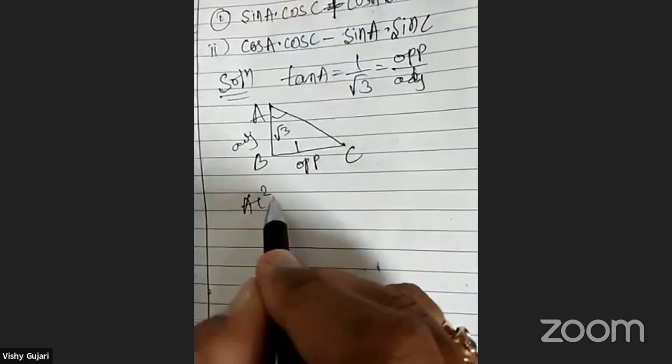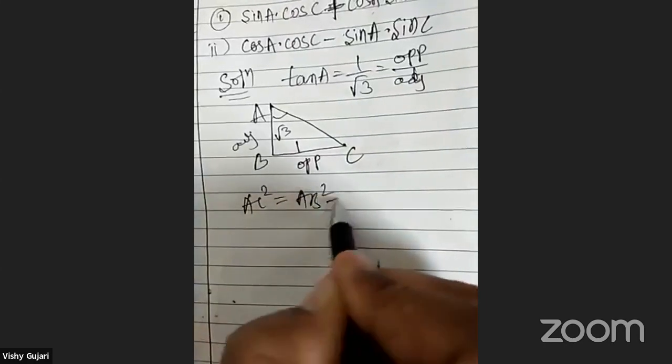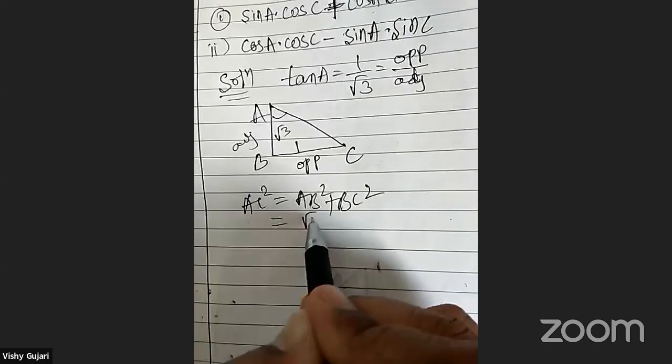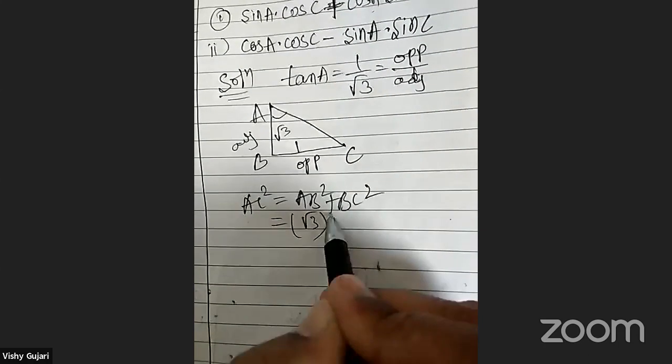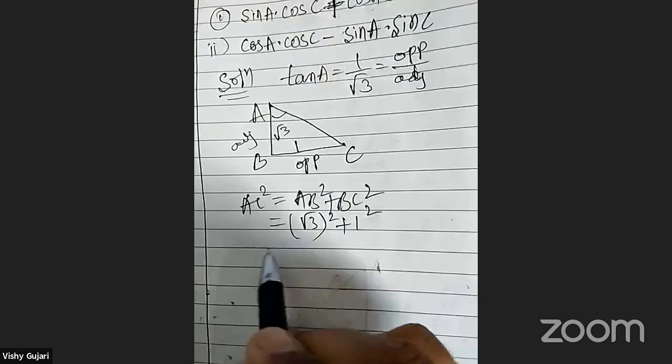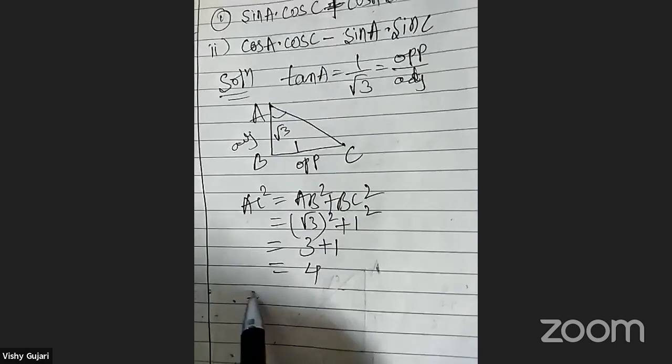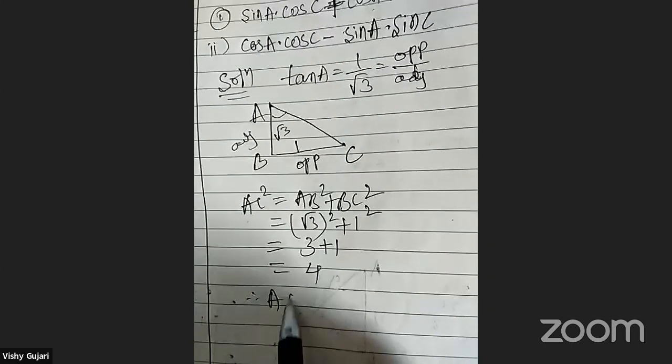AC square is equal to AB square plus BC square, root 3 square plus 1 square, which is 3 plus 1 equal to 4. Therefore, AC is equal to 2.